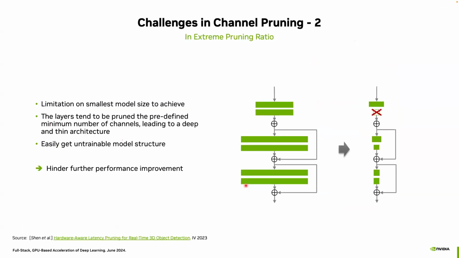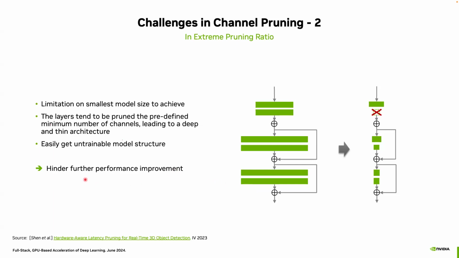Another challenge that we would probably meet is that when we do extreme model pruning by removing channels, it is highly likely that we get a model with layers pruned to a certain number of channels set by a predefined value, or otherwise, if we do not set such a value, the layer might be entirely removed.